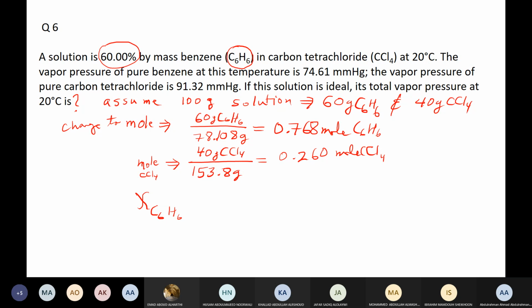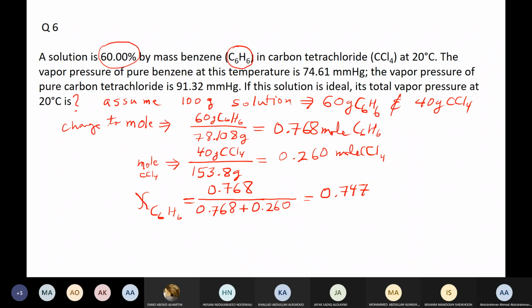What's the mole fraction of C6H6? 0.768 divided by 0.768 plus 0.260. And what's the answer? 0.747.